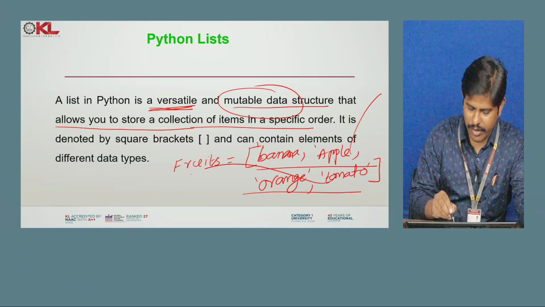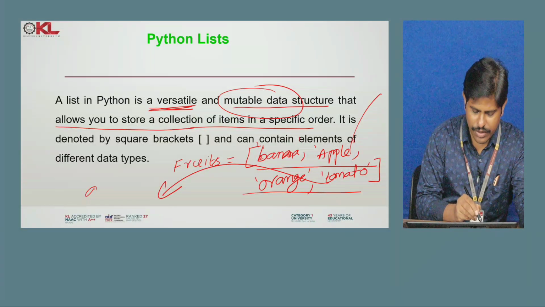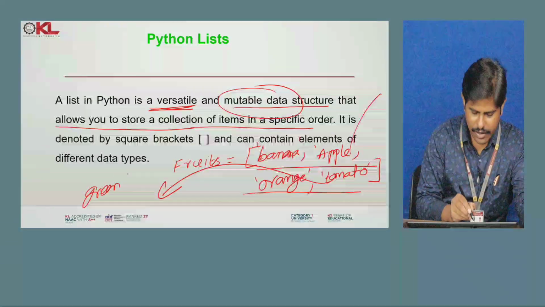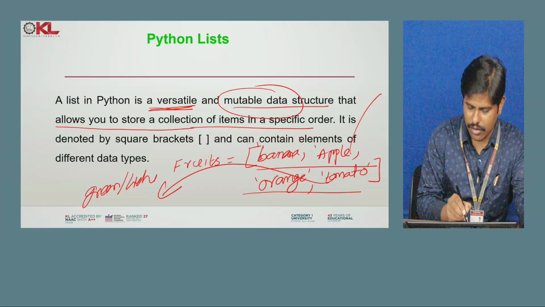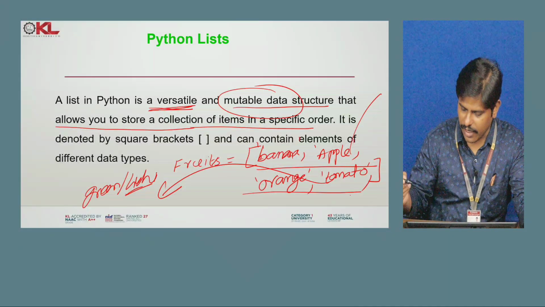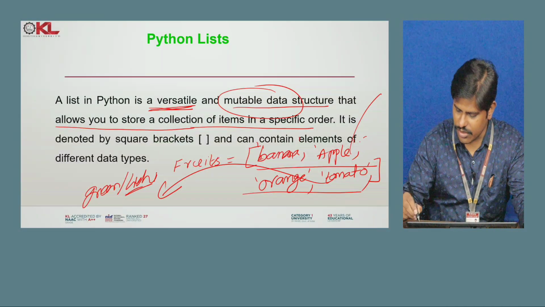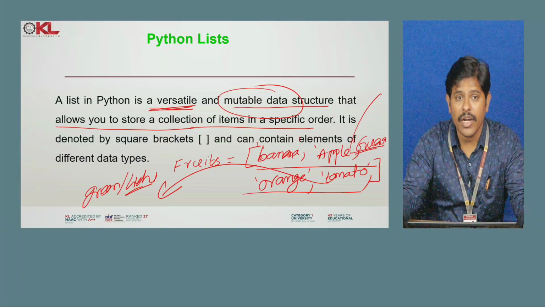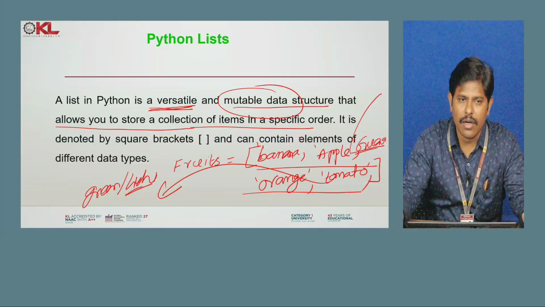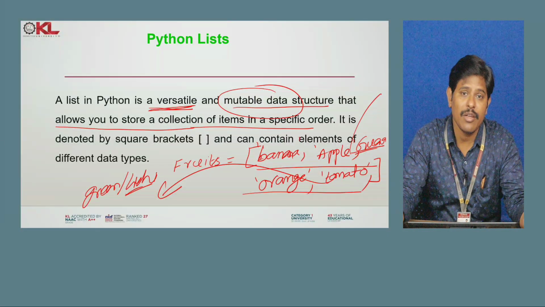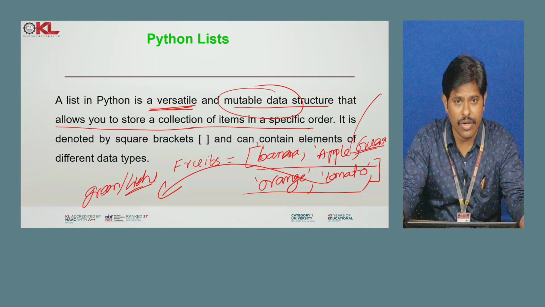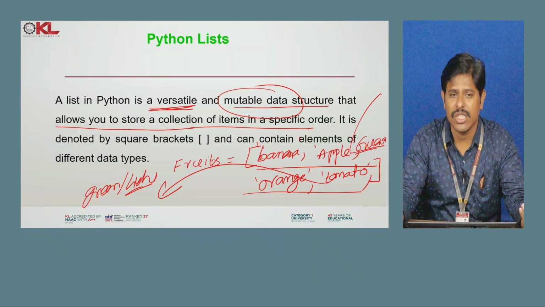I can replace a tomato with green apple or lychee, or I can add another item such as guava to my list. So I can do all kinds of modifications, and Python list provides many methods and many functions can be used with the list, and it has many features here.